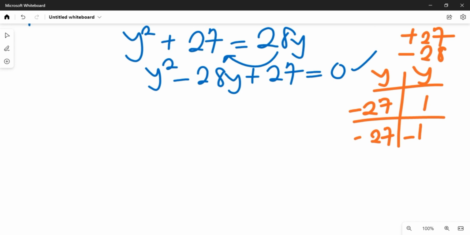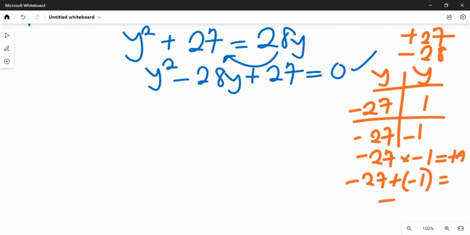Now, why do we go about doing this? Because minus 27 times minus 1 will give us, minus times minus will give us plus. That will give us plus 27, right? While we'll have minus 27 plus bracket minus 1, and that will give us minus 28.